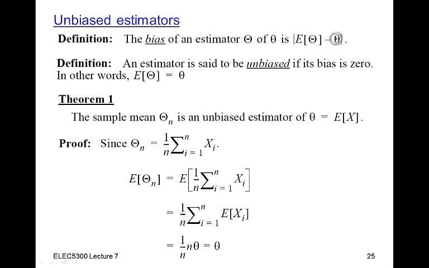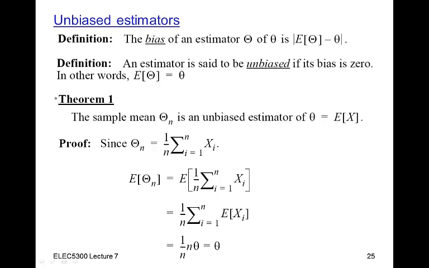Hopefully I get something close, but on average I should be somewhere around theta. In particular, the average value of all my estimates in the long term should be equal to theta. If it's not, then I say there's a bias. Otherwise, if the expected value of big theta is equal to theta, then I say the estimator is unbiased.